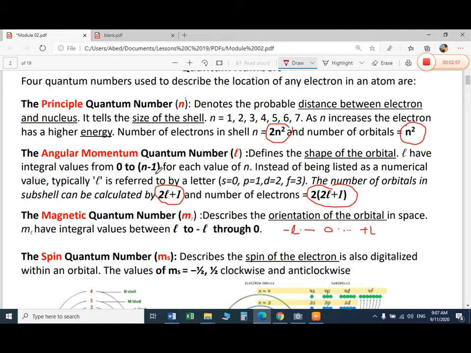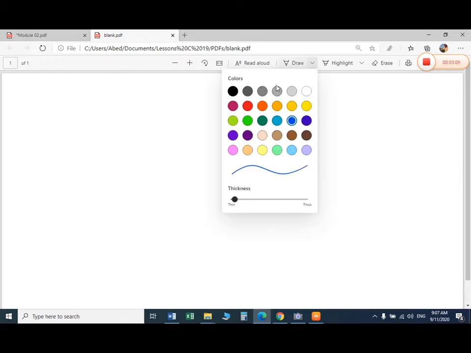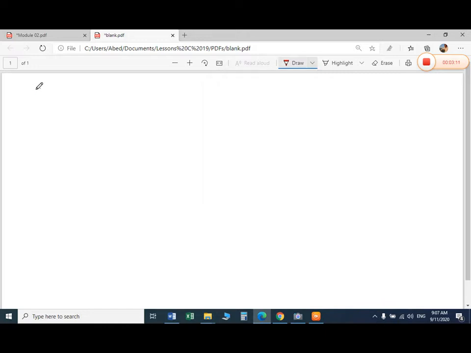So let us see. If n is equal to 1, then L will be equal to 0, because the formula says L starts from 0 and finishes 1 before the n.